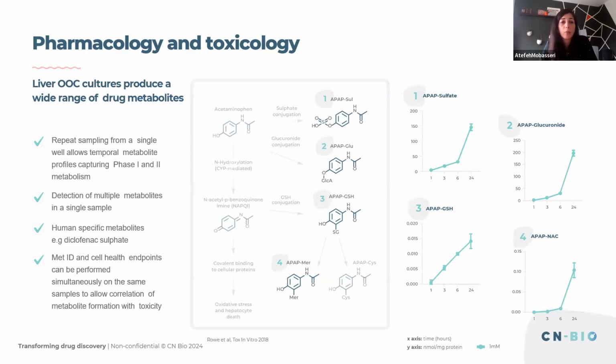We can profile the metabolite formation in relation to time and concentration, and also correlate this with the cell health assay. So really we can correlate the metabolite formation with the toxicity during the experiment, at different times.